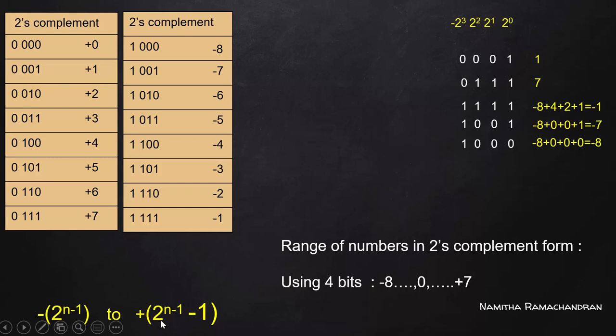So minus 8 to plus 2 to the power 4 minus 1, minus 1, that is 2 to the power 3 minus 1, which is 8 minus 1, that is positive 7. Minus 8 to positive 7. We can represent more numbers using n bits in 2's complement representation than in 1's complement and signed magnitude representation. This is the second advantage of 2's complement representation over the other two.